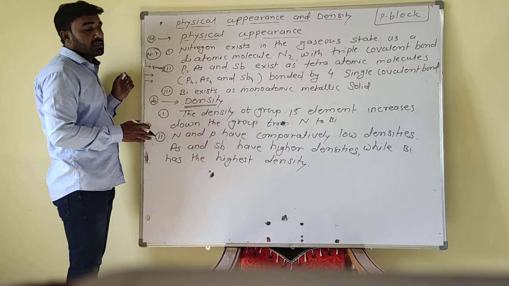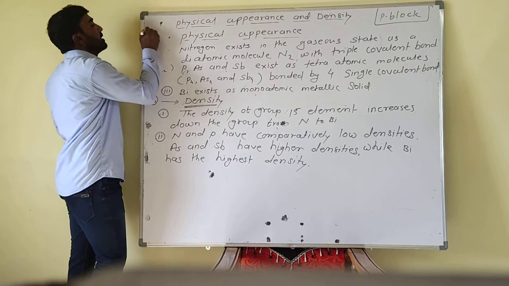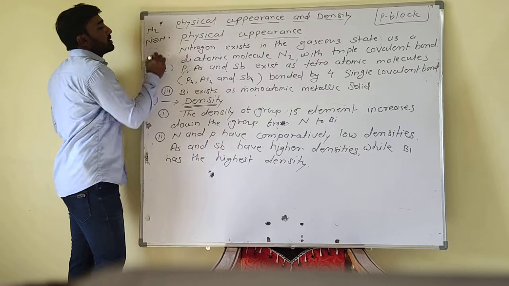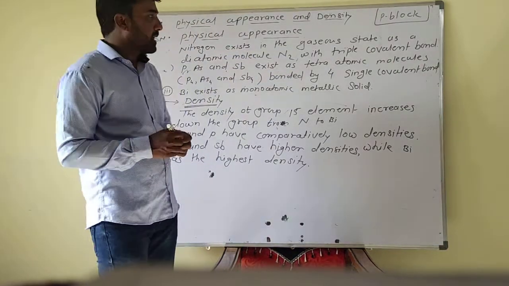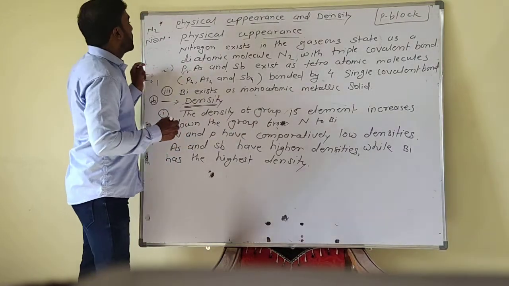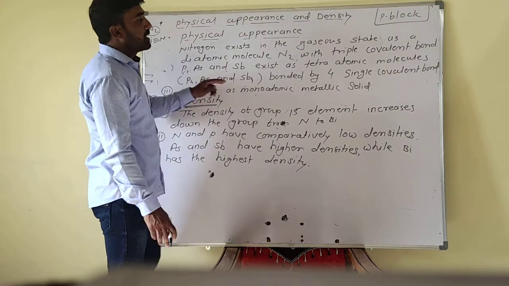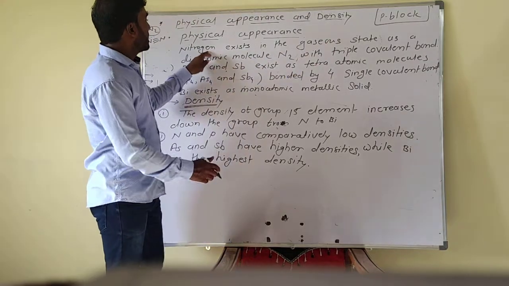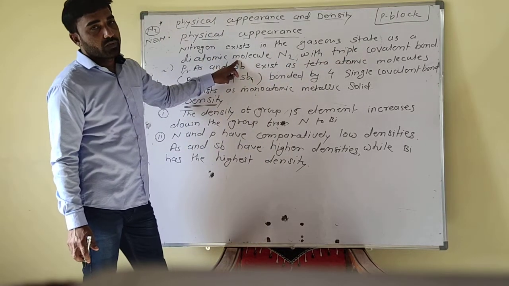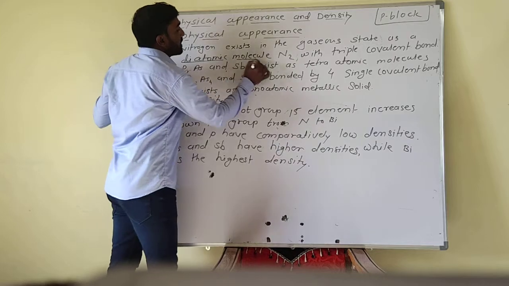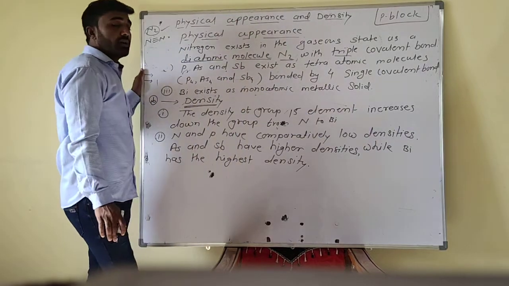Due to these reasons, nitrogen forms multiple bonds, that is, a triple bond, N triple bond N. So nitrogen exists in the gaseous state as a diatomic molecule, N2, with a triple covalent bond.